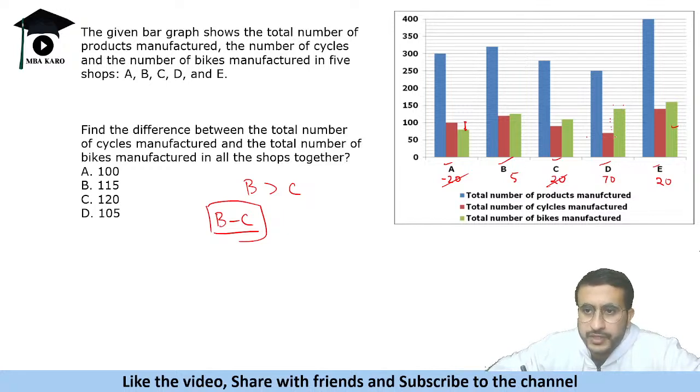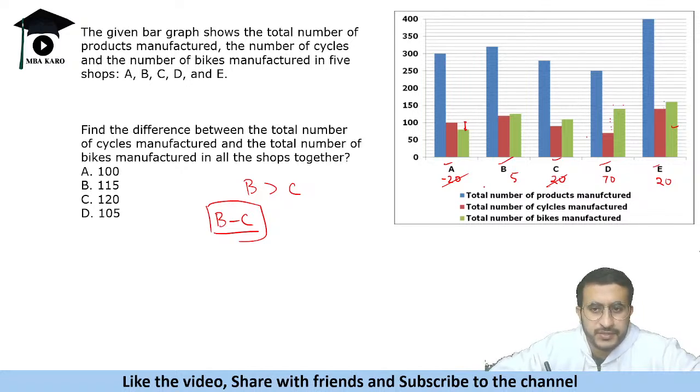This is 140 and this is 60, so 70, this is 50 60 70, this is 70, so this comes to 70, this is 20, this is also 25, and this is 20.